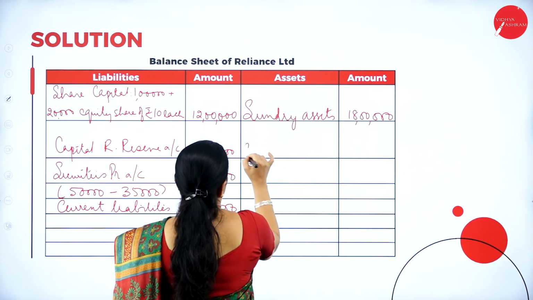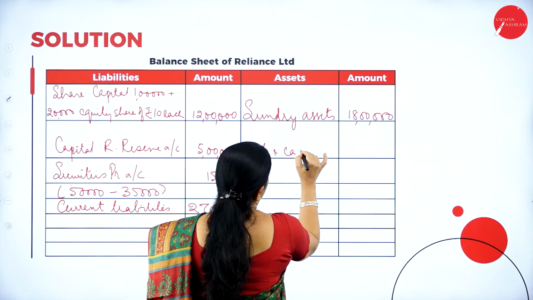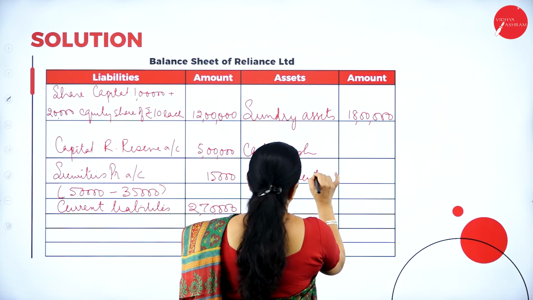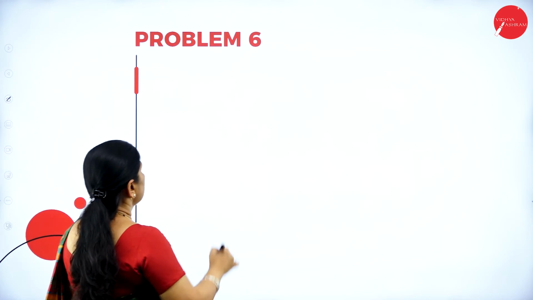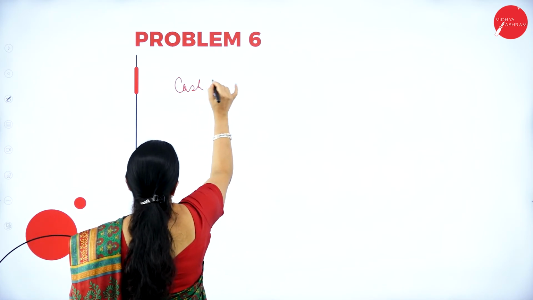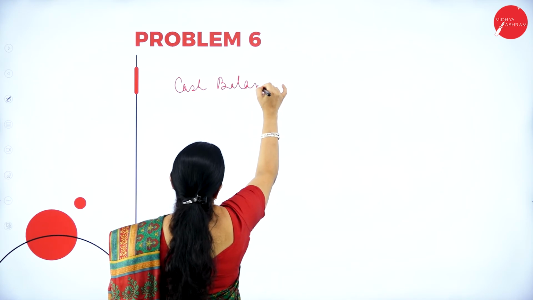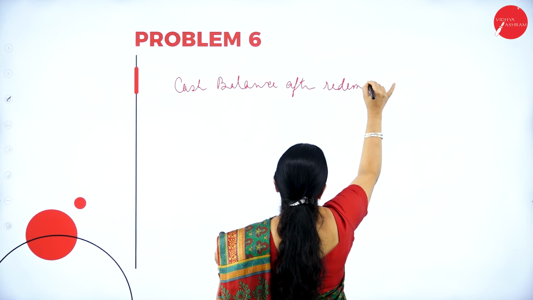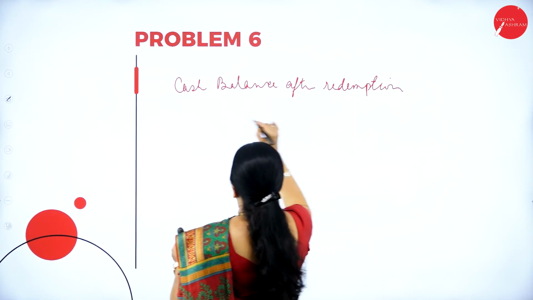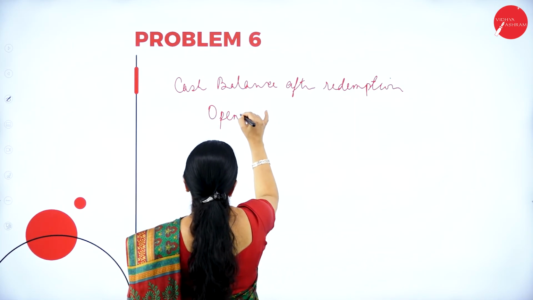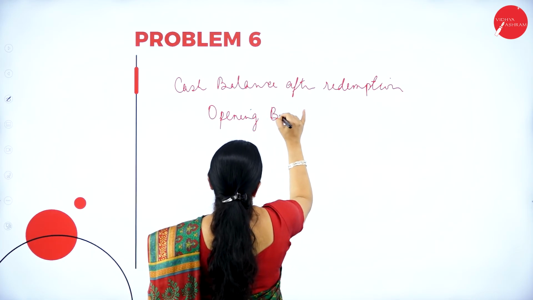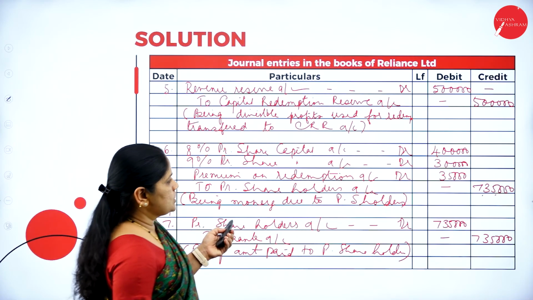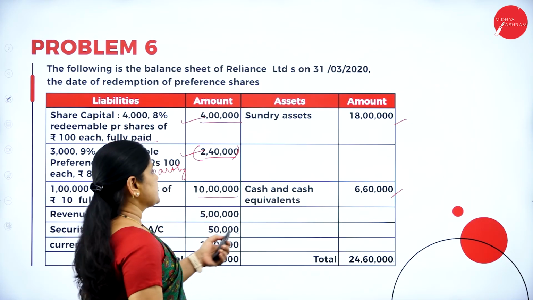Then cash and cash equivalents. So we have to calculate the cash now. So cash balance after redemption. So opening balance of cash. What is the opening balance of cash? Opening balance of cash is 6,60,000.